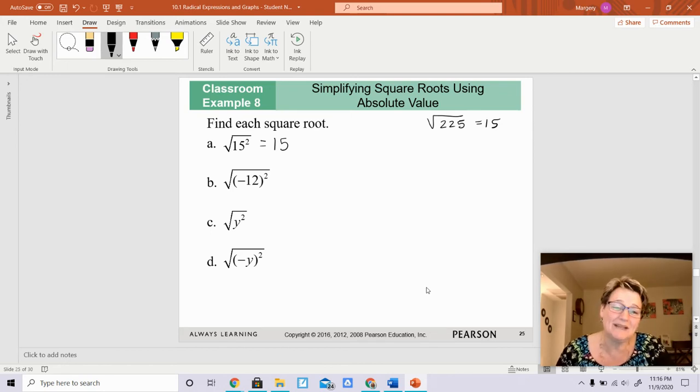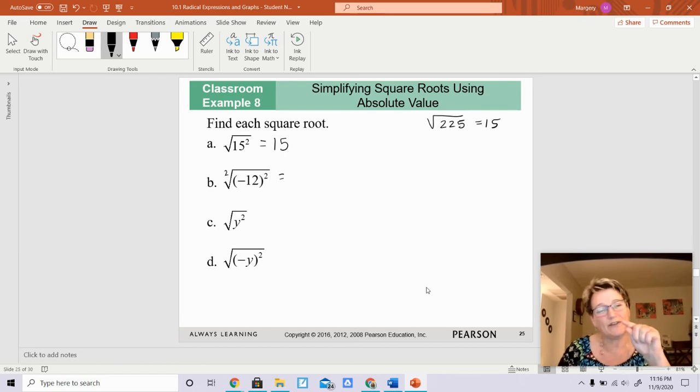Now here's something that's tricky. This is what I was telling you about. There is really an imaginary 2 right there. Whenever you have a square root, you know there's a 2 there. So normally what you do is, this is a square root and something's being squared, so whatever's being squared comes out.